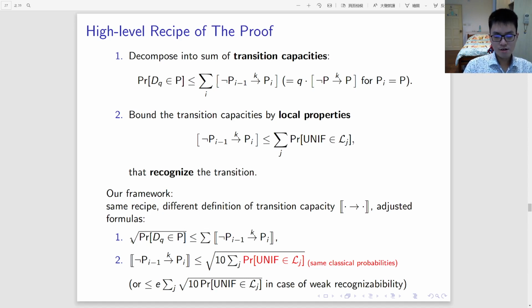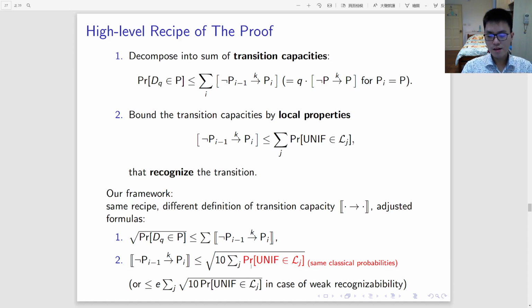So first, similarly, we can also bound the square root probability of the database having a bad event by the sum of transition capacities. And second, we can bound the transition capacities by means of recycling the classical bounds from the previous classical proof and plugging them into our formulas to obtain a quantum bound.